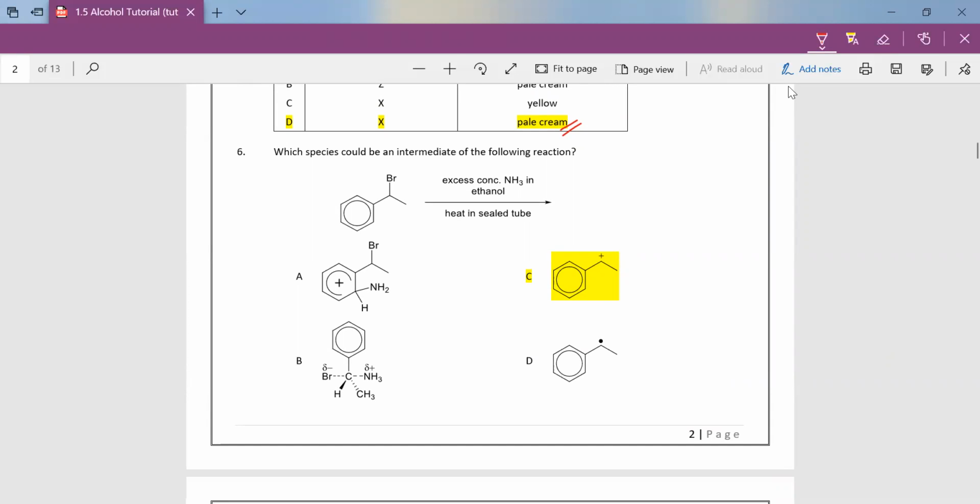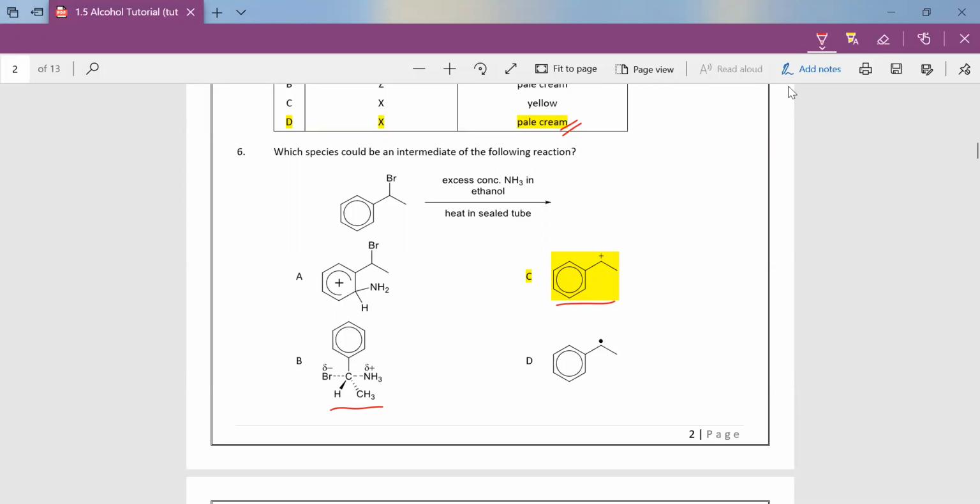Which species could be an intermediate? This one is basically just your nucleophilic substitution. So the only two plausible ones are B and C. A and B don't really make sense.